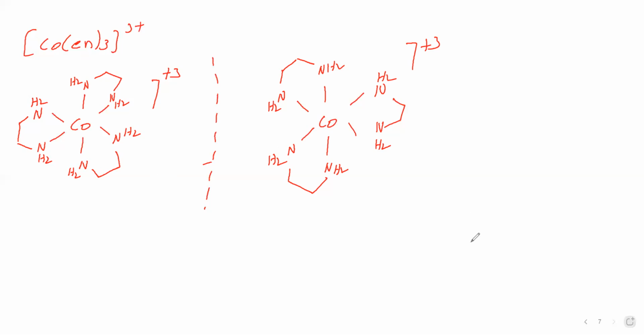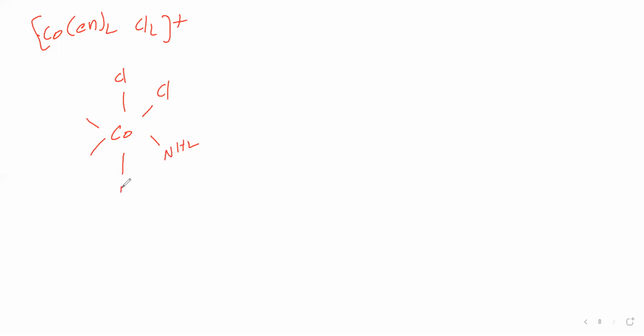Okay. Next compound we will take: Co(en)2Cl2 +. For this we will see whether optical isomerism is possible or not. Now we take the central metal Co, the 2 Cl ligands, then NH2 NH2 twice, that is ethylene diamine, net charge plus.